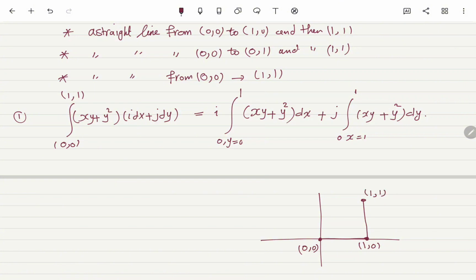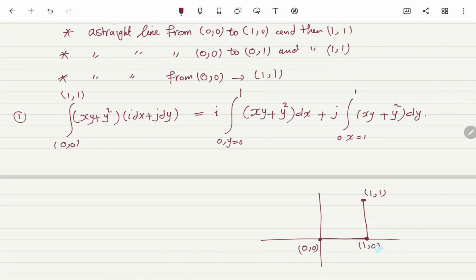So for the first part of the integral, y equal to 0 and x goes to 1. And the second part of the integral is over the y-axis, and in this case x equal to 1.